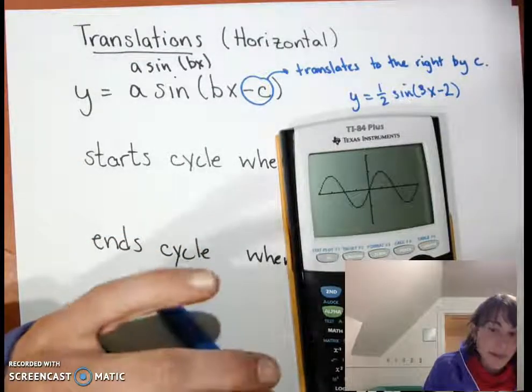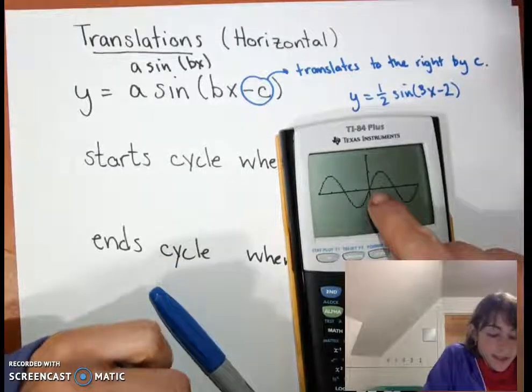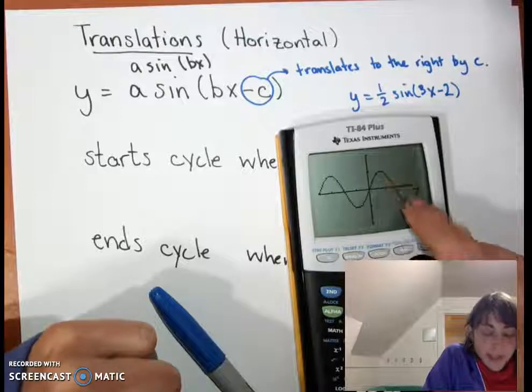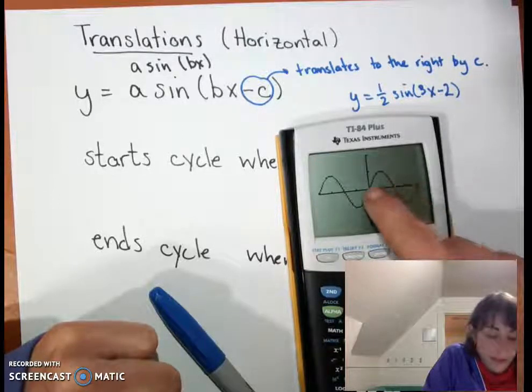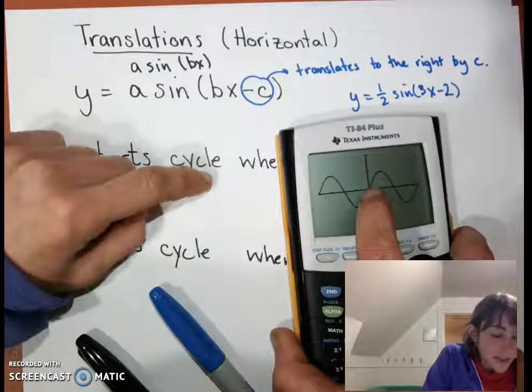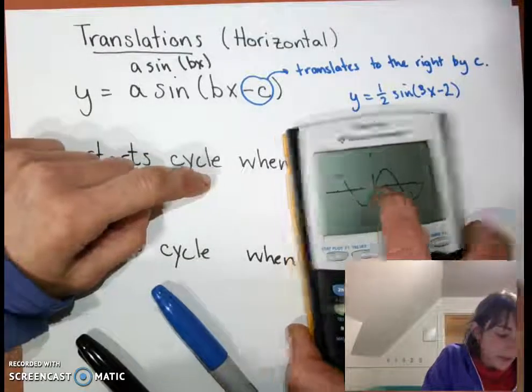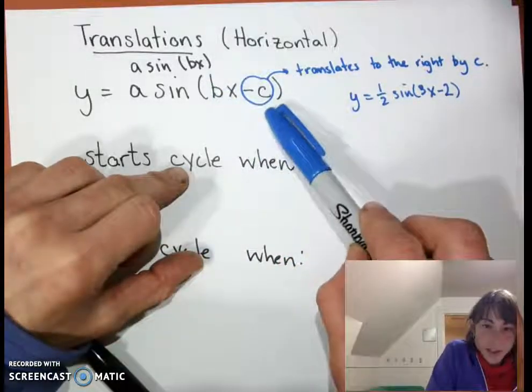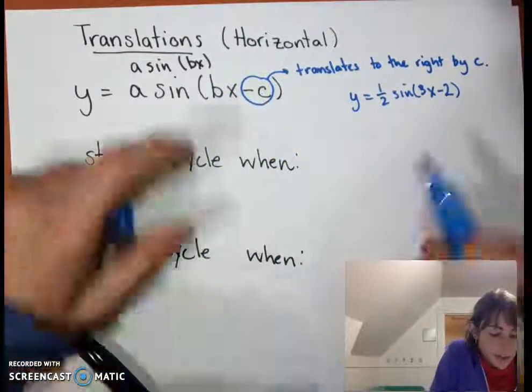The way that we want to think about these translations is, after I've done the translation, where does this particular cycle go? The one that starts at 0 and ends at 2 pi. So if our cycle starts when we plug 0 in, then our new cycle should start when this whole thing is 0, because it's just like plugging 0 into the sine function.